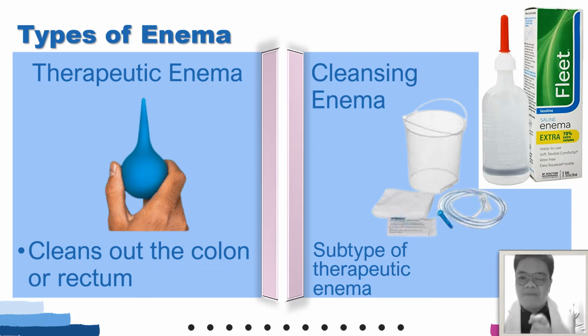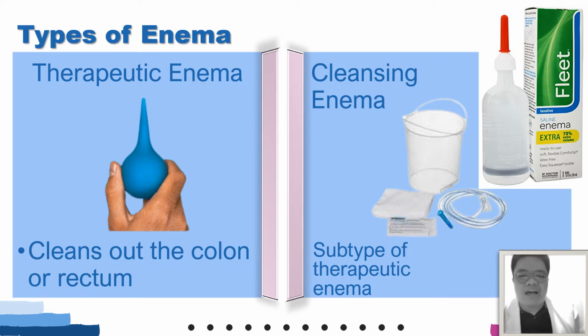But these enemas are intended to reduce the diarrhea of your patient and to make a protective coating on the intestines. To clarify again, generally, it is not recommended among patients with inflammatory bowel diseases because it would aggravate the signs and symptoms of your patients. However, class, in recent trends, there are specific enemas that are intended for that.